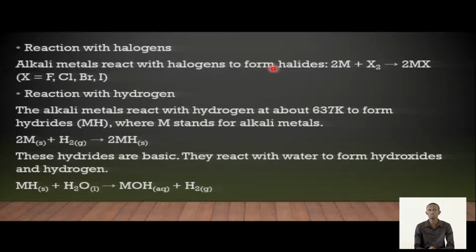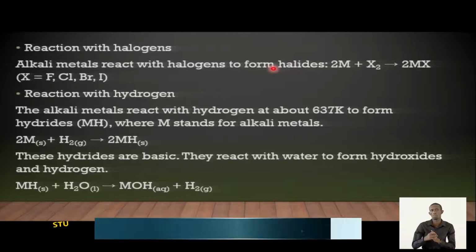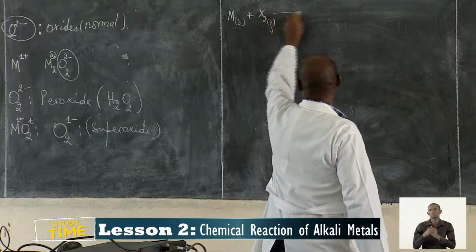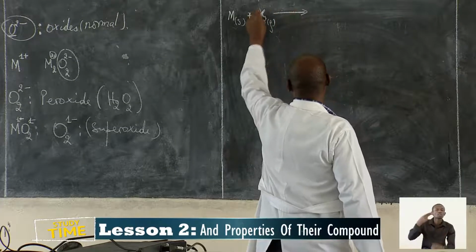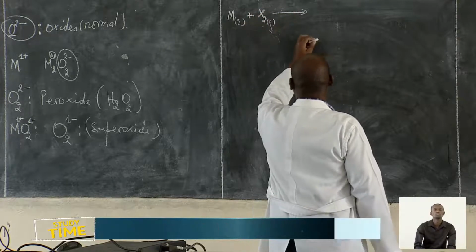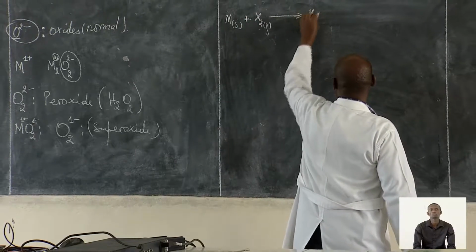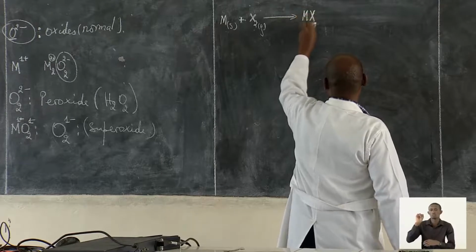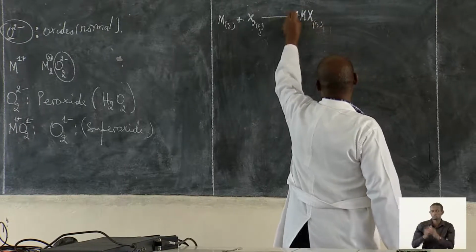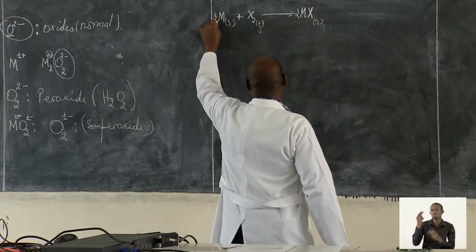M, that is the metal, when it reacts with X, let's say in the gaseous state, X stands for the halogen. Remember, they exist as diatomic molecules. We produce MX, this is a salt, in the solid state, and we put 2 here to balance.